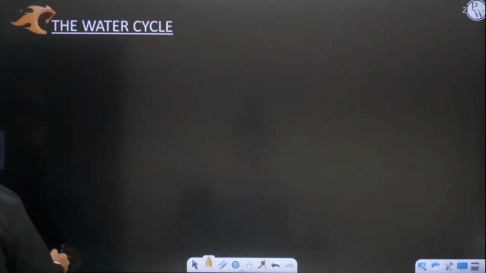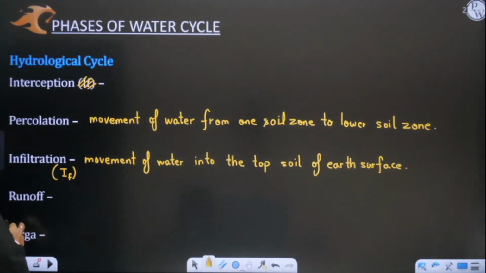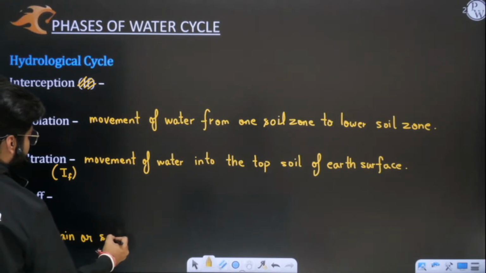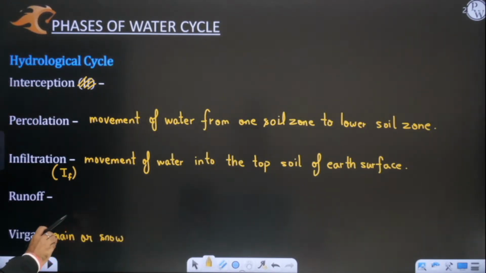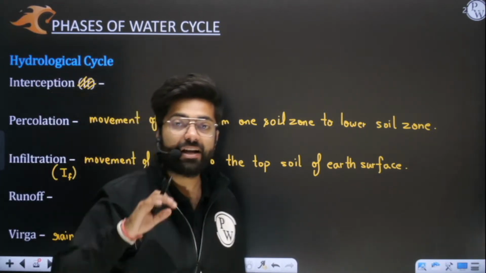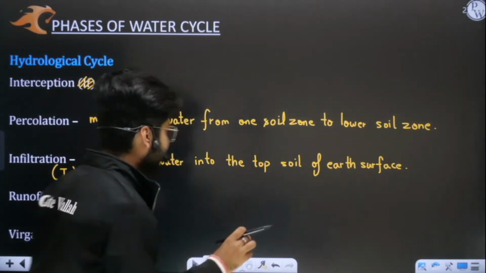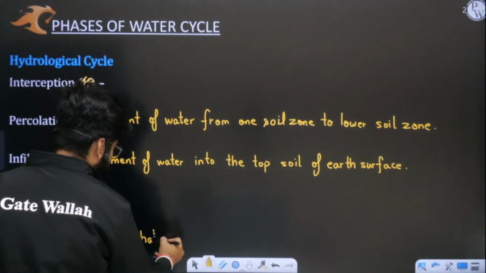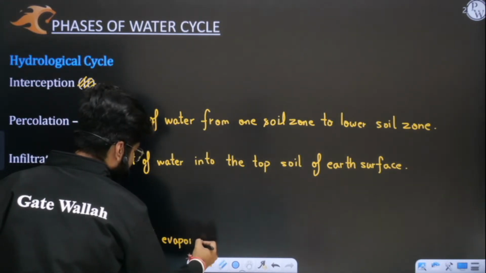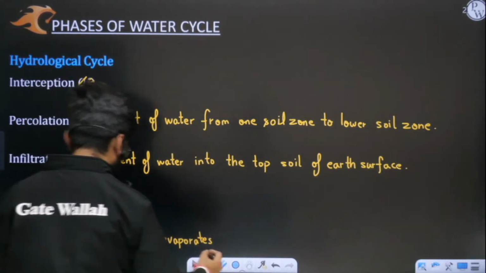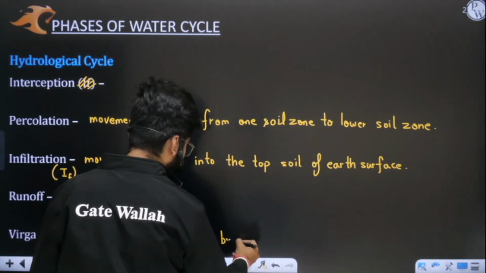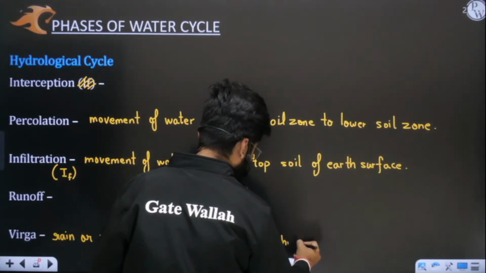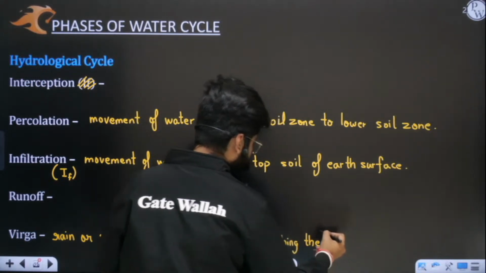So if someone asks you what Varga is, you will say, sir, the rain or snow, whatever is falling, let us assume rain. The part of rain that evaporates while falling through air, that is Varga. Rain that evaporates before reaching the earth.